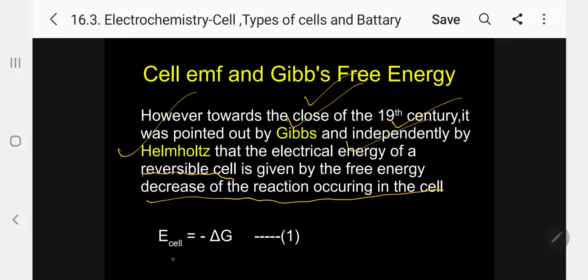So now E cell equal to not delta H, it is minus delta G. Please follow. This is very, very interesting information. Previously it was thought that it is delta H, but at the close of the 19th century it was identified by two persons independently, Gibbs and Helmholtz, E cell equal to minus delta G.